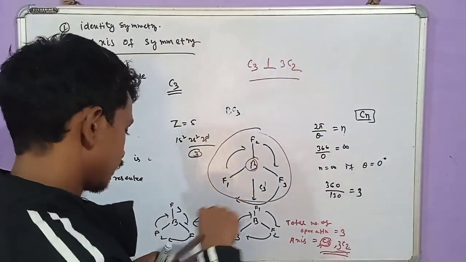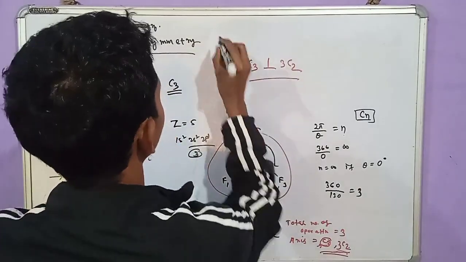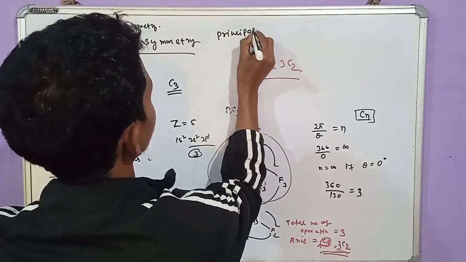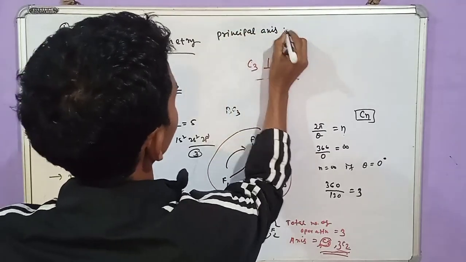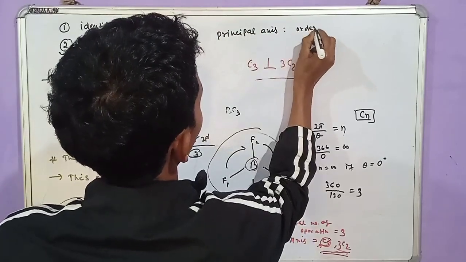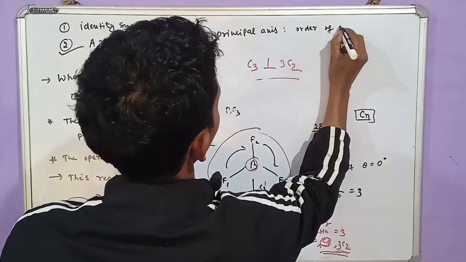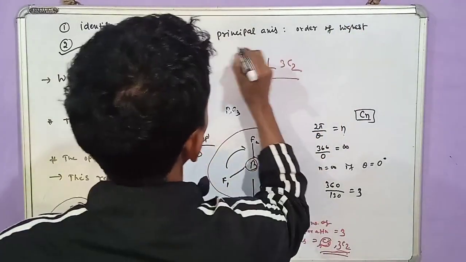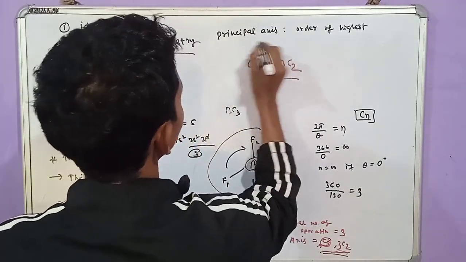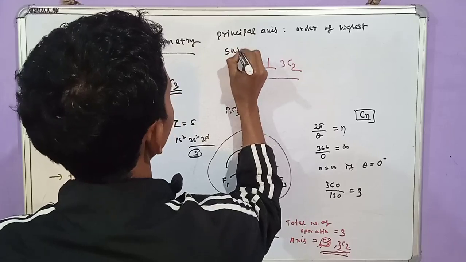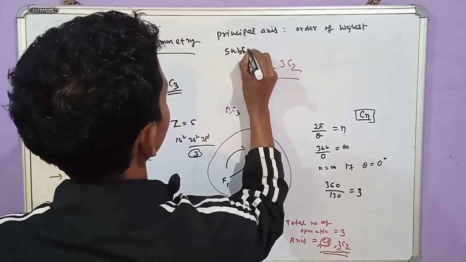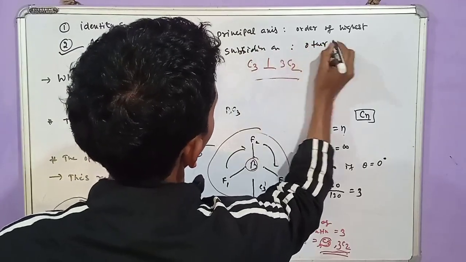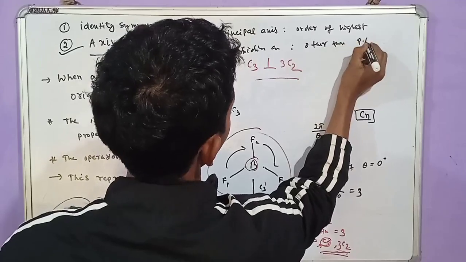So if I write, principal axis: the one of highest order is called principal axis, and the others other than principal axis are called subsidiary axis.